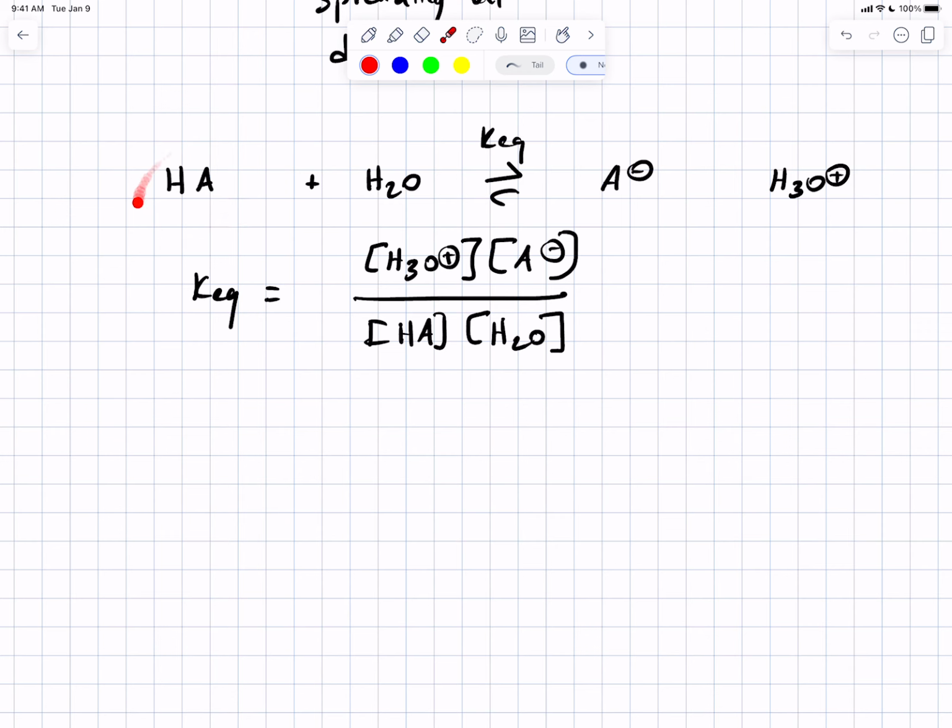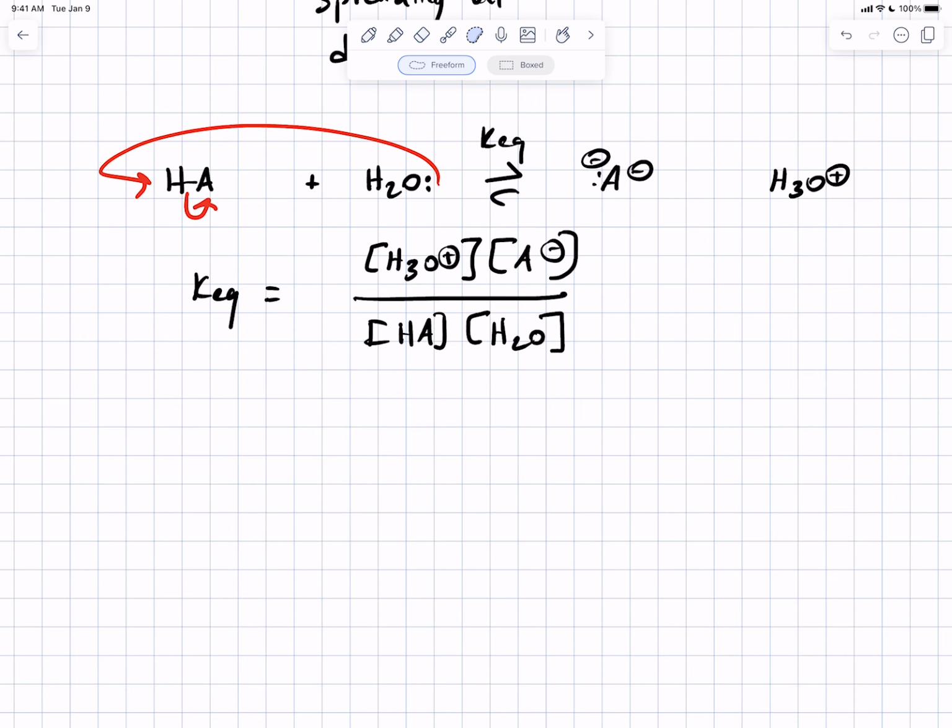And by the way, when HA dissociates, the proton is not going off into the ether somewhere. It's actually being removed by the water. The water is acting as a base, attacking the HA sigma star and removing the proton, and then A minus leaves with its electrons.